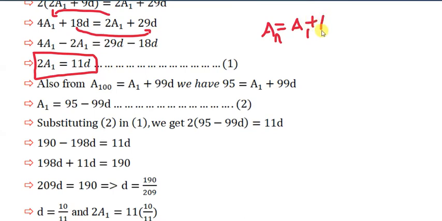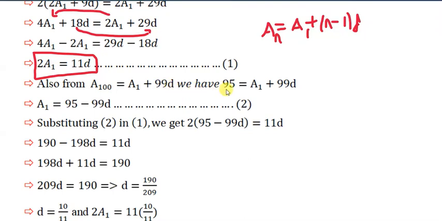a1 plus n minus 1 times d, and therefore we have d, the common difference. We don't know d, we don't know a1 yet, but we know our n is 100. a100 therefore becomes a1 plus 100 minus 1, which gives us 99, multiplied by d.